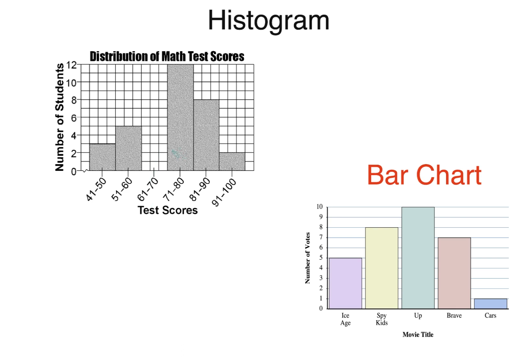Now the difference between a histogram and what you may know as a bar chart is that a histogram uses ranges of numbers while a bar chart uses categories. Down here I have an example of a bar chart, and notice that on the x-axis you have categories: Ice Age, Spy Kids, Brave, Cars, movie titles.